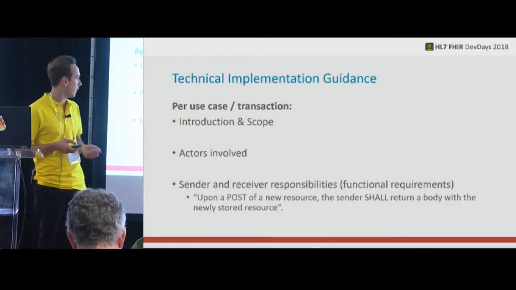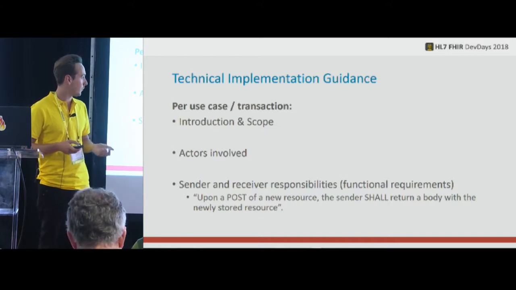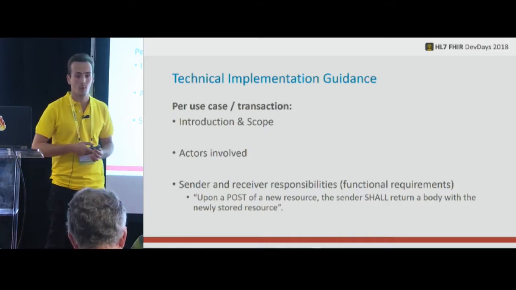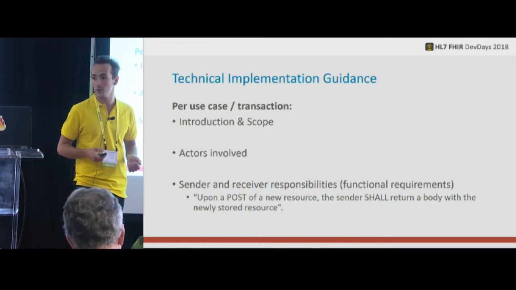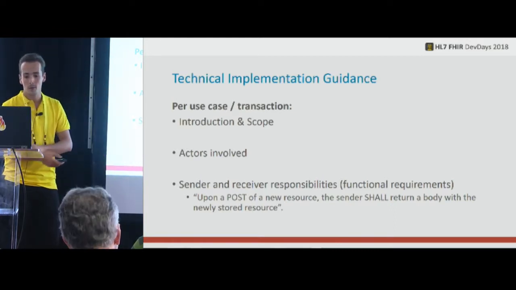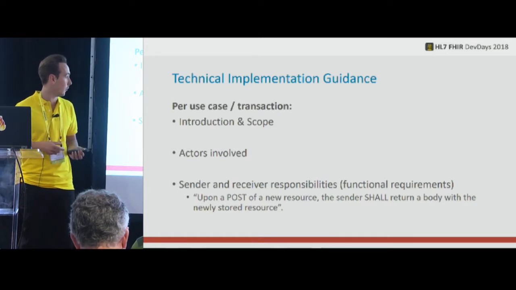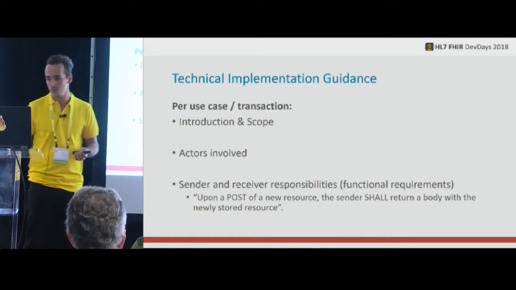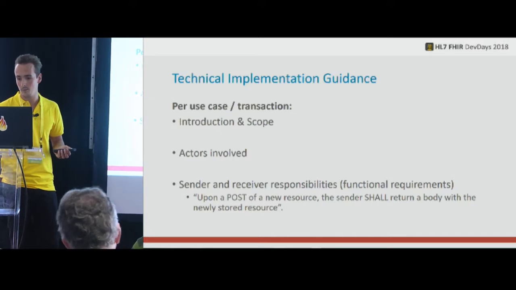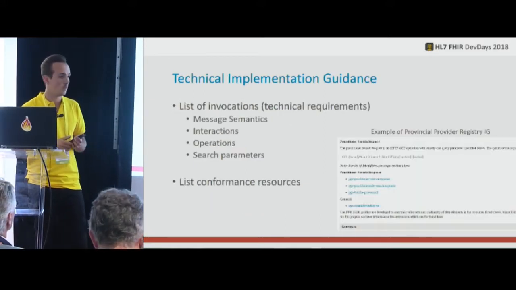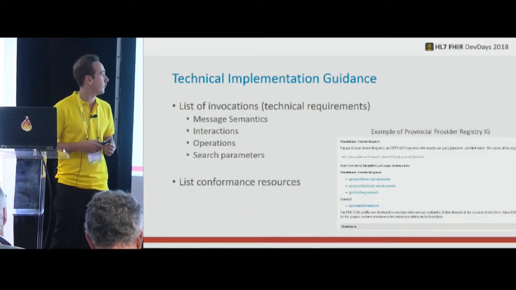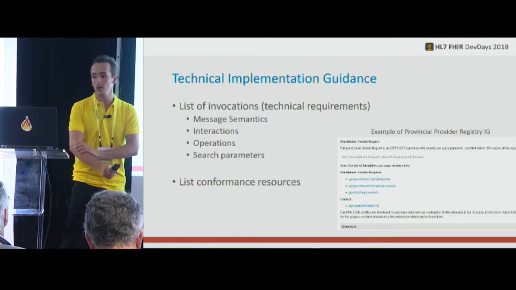You would also likely say on a functional level what is expected of the senders and receivers. So for example, upon a post of a new resource, the sender shall return a body with the newly stored resource. And then you would list all the invocations that are out there.